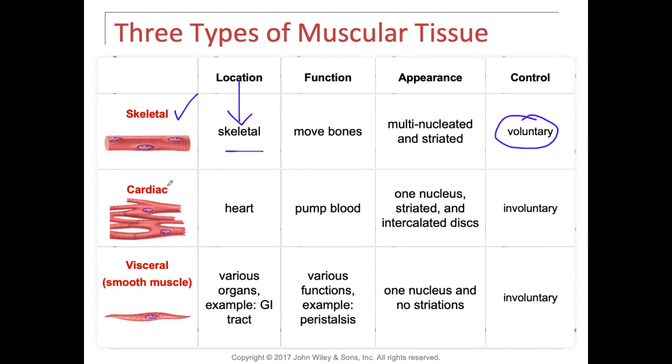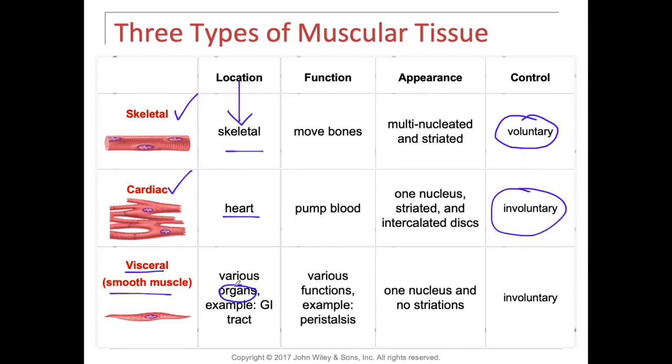When we talk about cardiac, which is heart muscle, it's involuntary. You don't have conscious control over how many beats per minute your heart is going to contract. And then we have smooth muscle, which is also visceral muscle that we find around our organs.